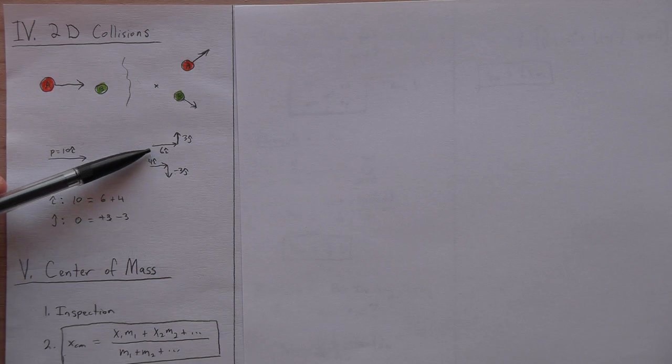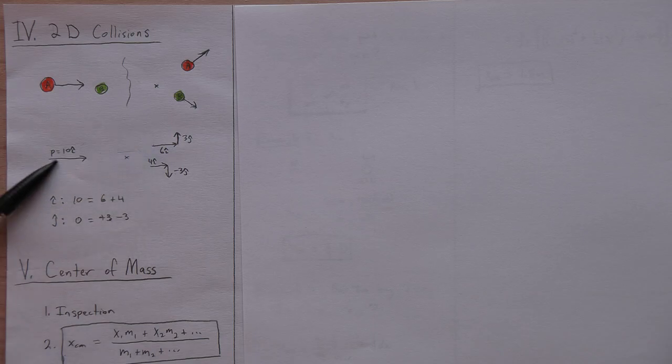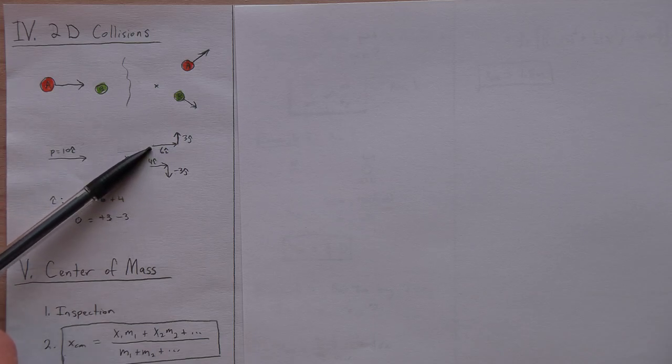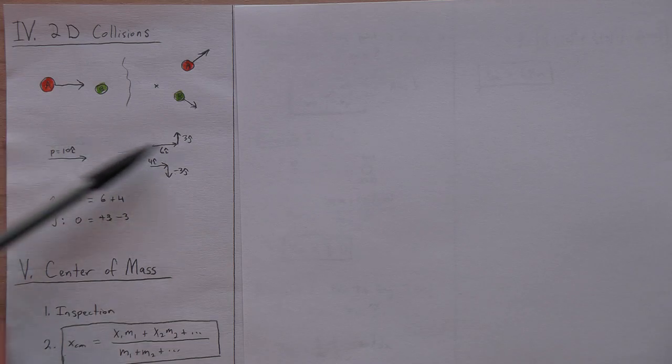Notice in the X direction, this ball, if it has 6 units of momentum, we used to have 10. We cannot lose momentum in the X direction. That means while the first ball A lost 4 units of momentum, the other one picked it up. So we have 10 before, and 6 and 4 after, which is 10 in the X direction.